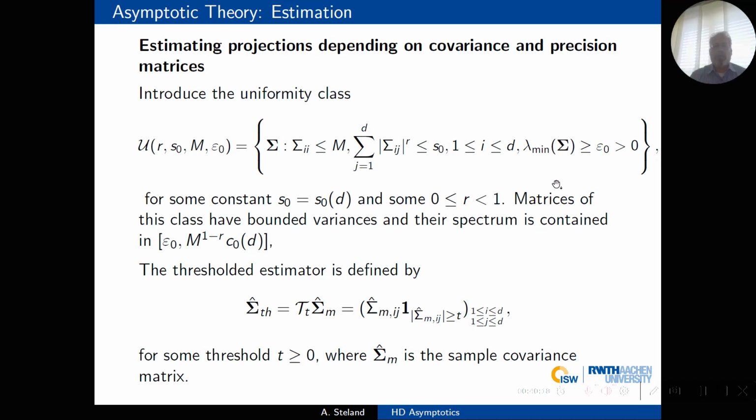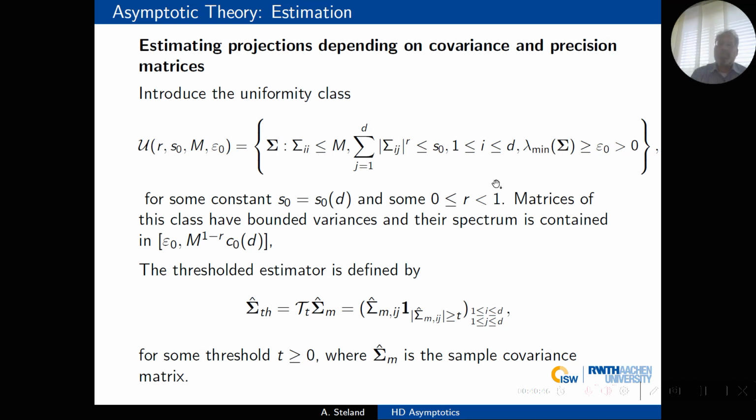Yes, and this class is constructed in such a way that the row sums are bounded if you take the elements to the rth power, but r must be a little bit less than 1, so these are not really the row sums, but almost. And the minimal eigenvalue must be bounded away from 0.